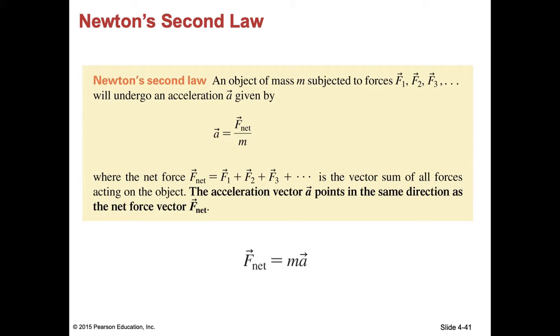And that constant of proportionality, again, is 1 over the mass. Keep in mind that this force F net is actually F1 plus F2 plus F3, and it is a vector sum, not a numerical sum. The acceleration points in the same direction as the net force vector.